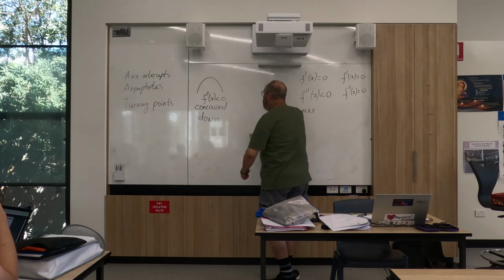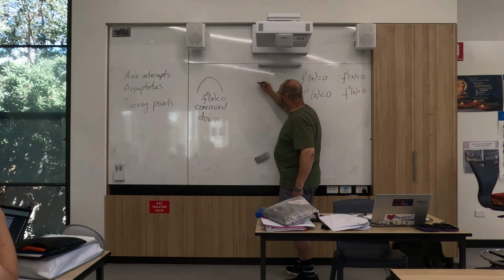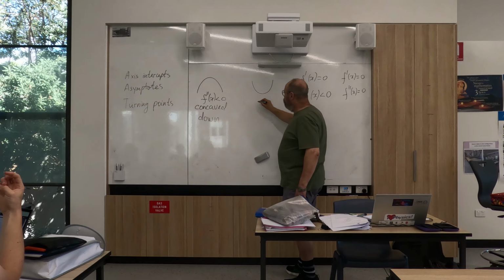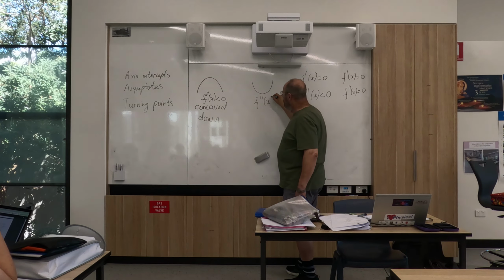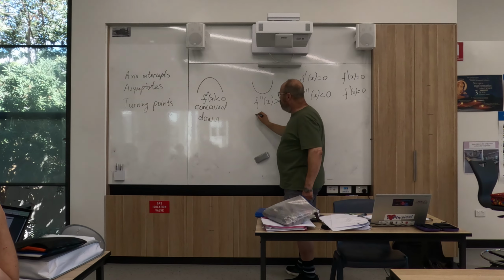So when the second derivative is negative, it is concave down. When the second derivative is positive, it's concave up.